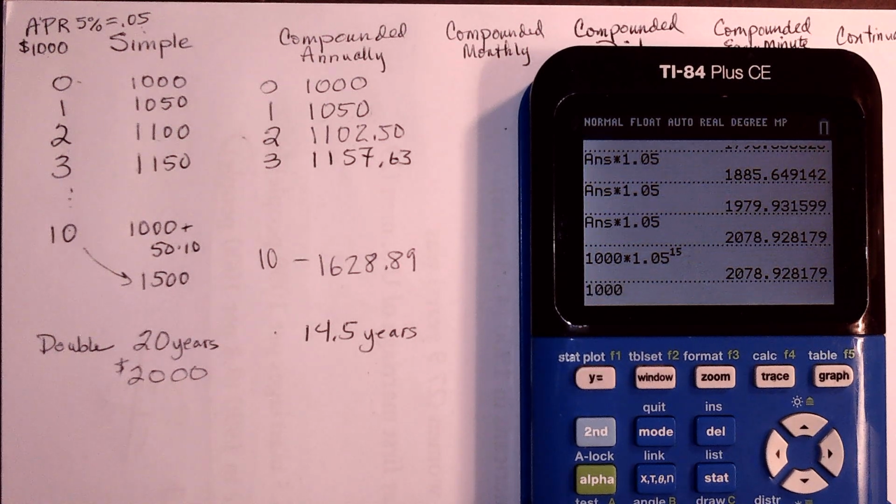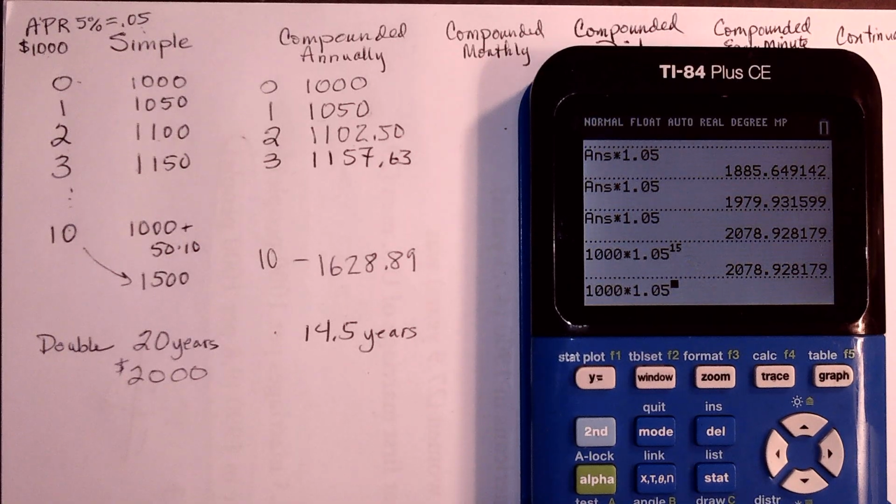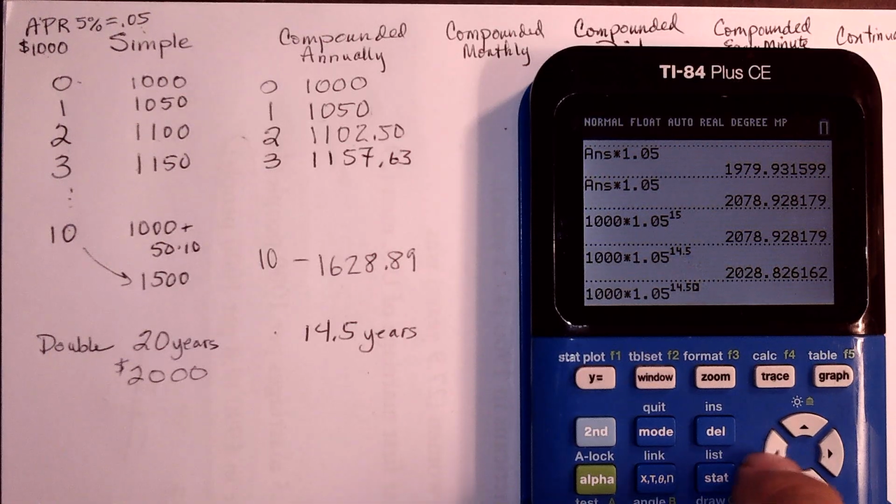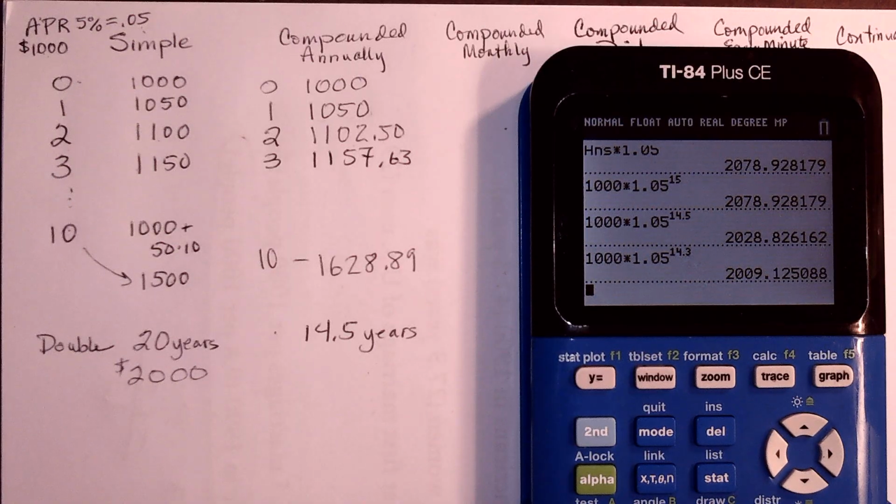1,000 times 1.05 to the 14.5, and I think that's going to be close to 2,000. Well, that's a little high. So if I just bring that back, and I'll change it to 14.3. It's getting closer to a double.